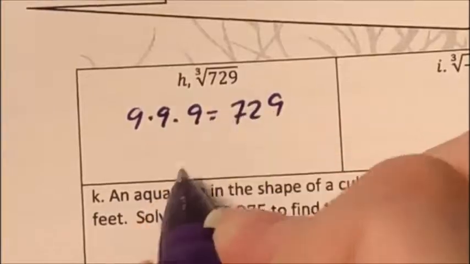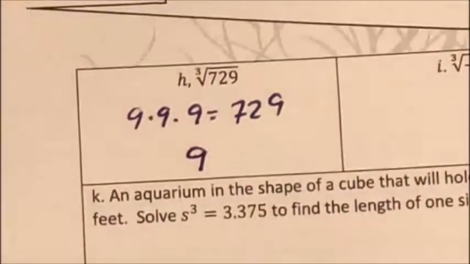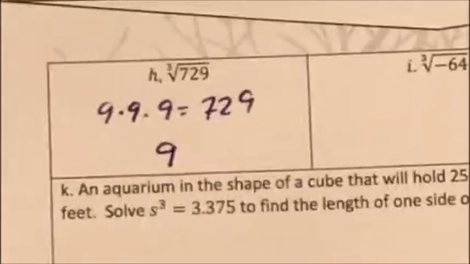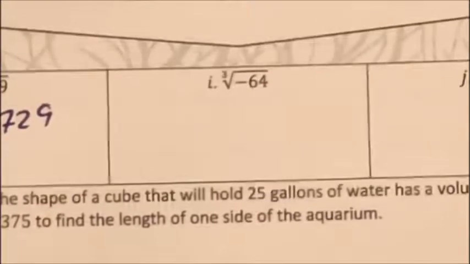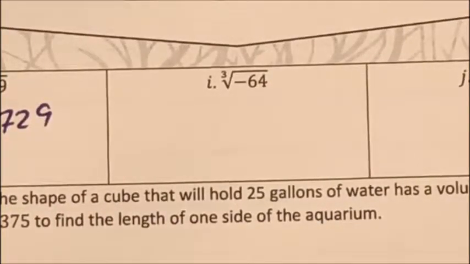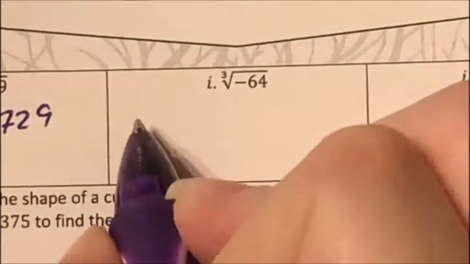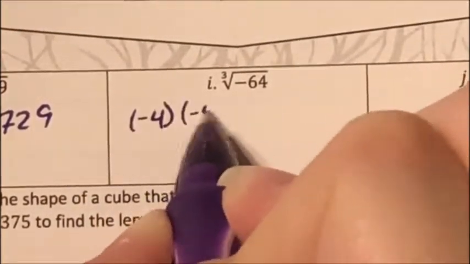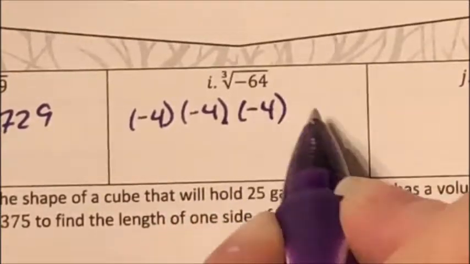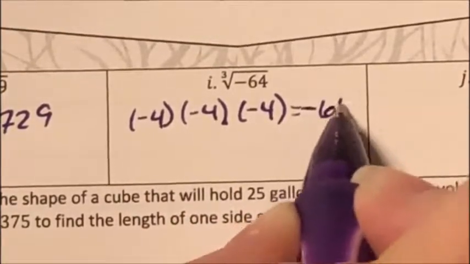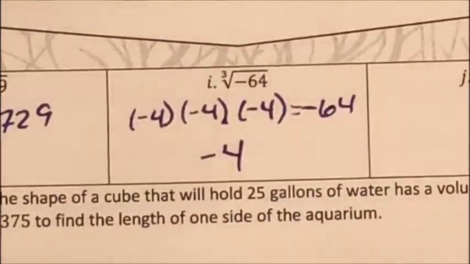So the cube root of 729 is 9. Okay. For letter I, I have the cube root of negative 64. Okay, so negative 4 times negative 4 times negative 4 equals negative 64. So my answer is negative 4 for I.